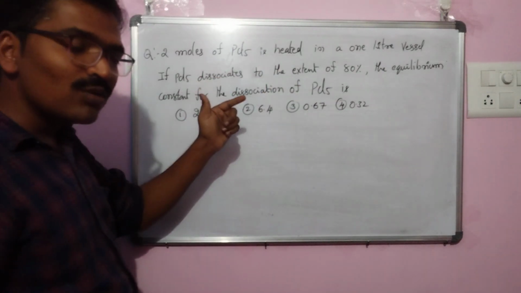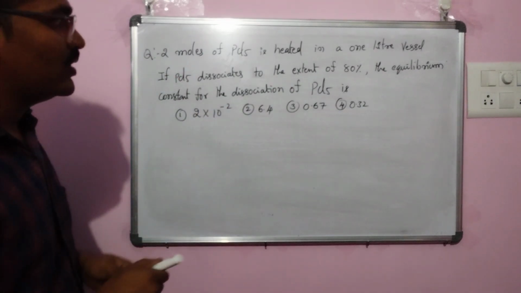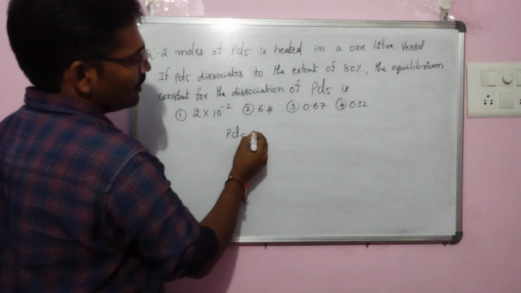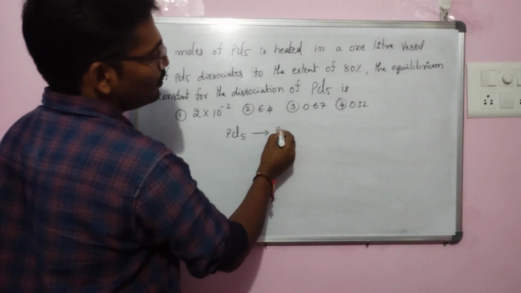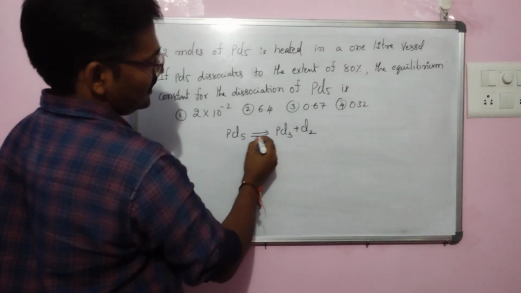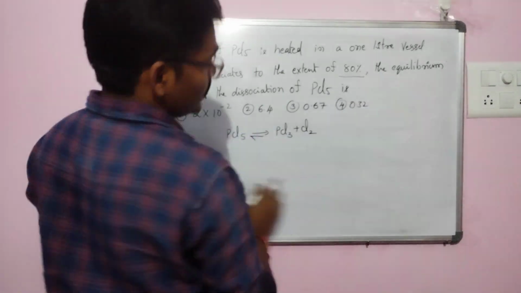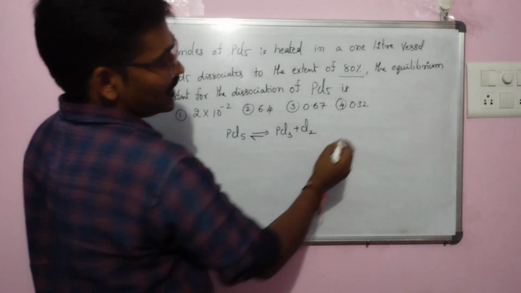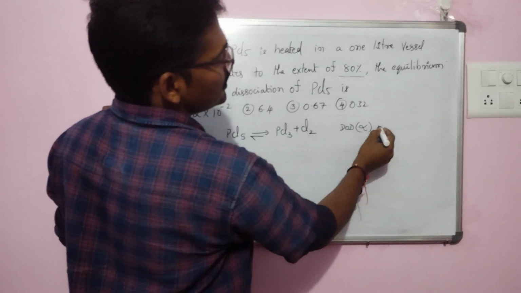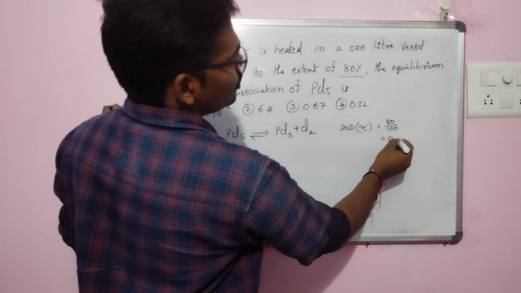The type of reaction here is different from the previous question. PCl5 dissociates into PCl3 plus Cl2. Here also 80% is dissociated, which is the degree of dissociation: 80 divided by 100, which is 0.8.